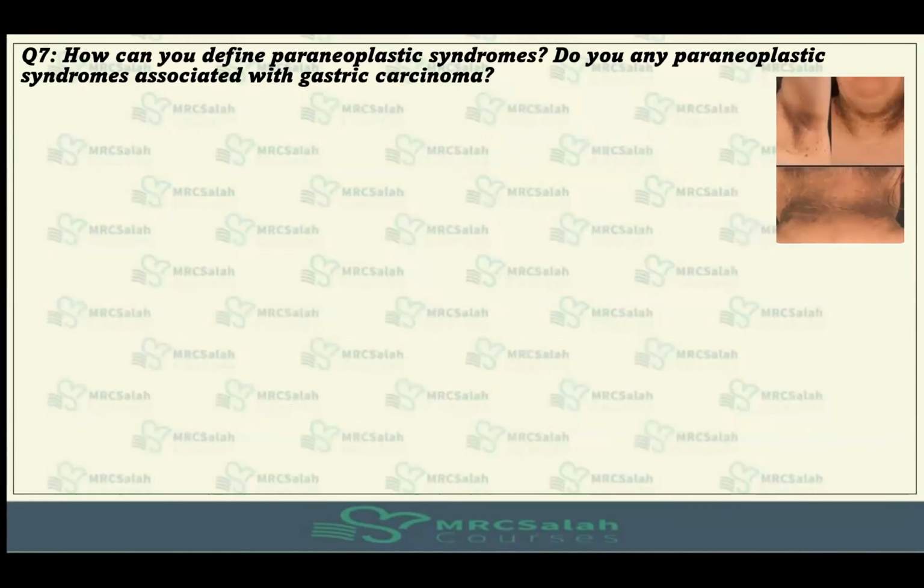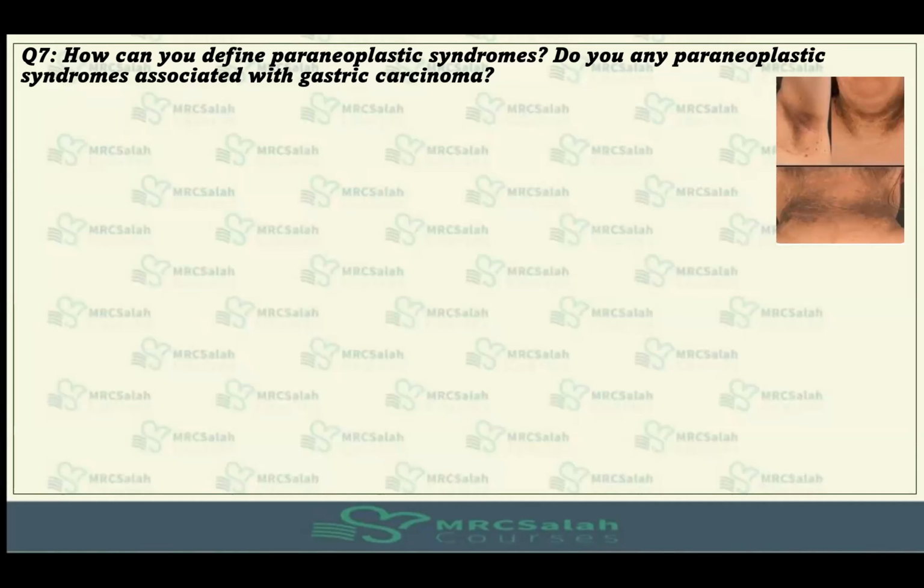So, next question. How can you define paraneoplastic syndrome? Paraneoplastic syndrome is a group of symptoms and signs that are not related or anatomically explained by the origin of the cancer.